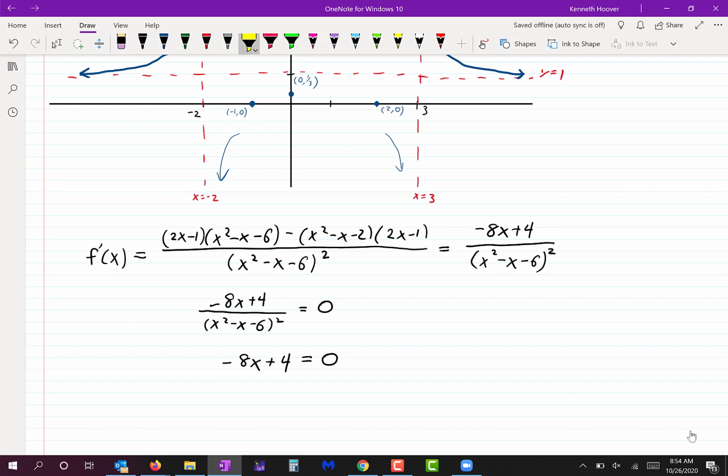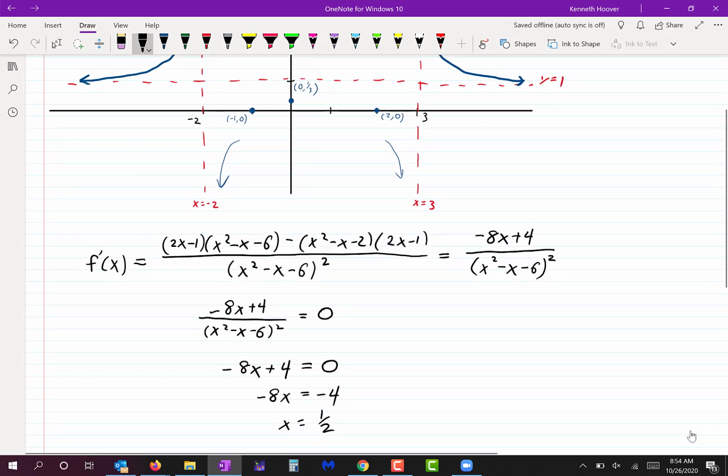So you see, I didn't bother simplifying or expanding the bottom because I knew I was going to end up multiplying it by 0 and it was going to disappear anyways. So I just have negative 8x plus 4 equals 0. That happens when x is a half.